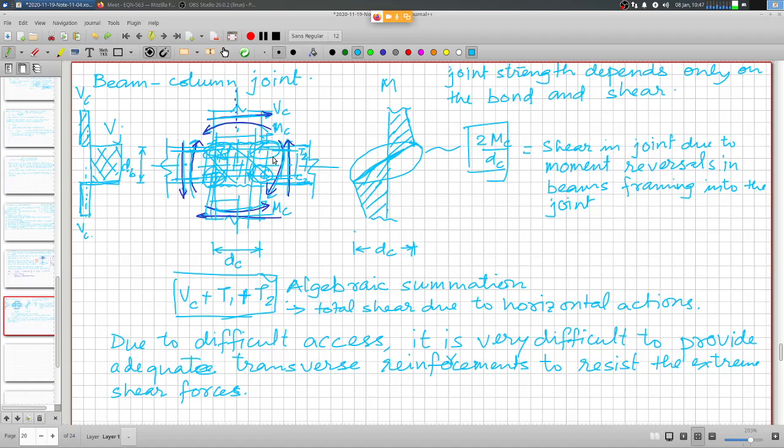And now, as I said, the bond is very important. We should avoid the failure of bond in the joint. And how do we achieve that?